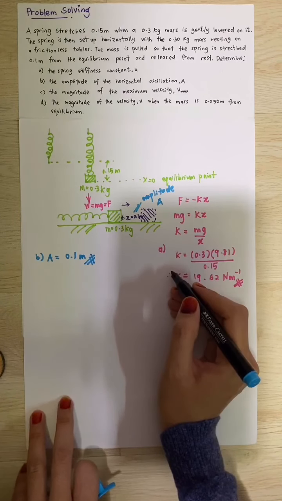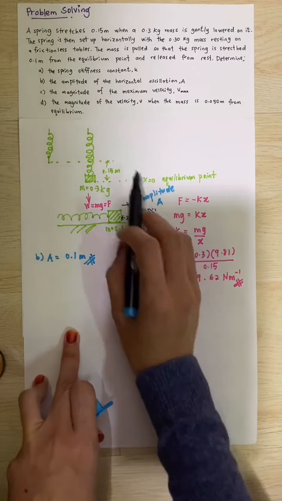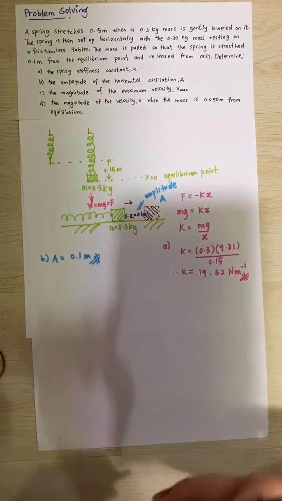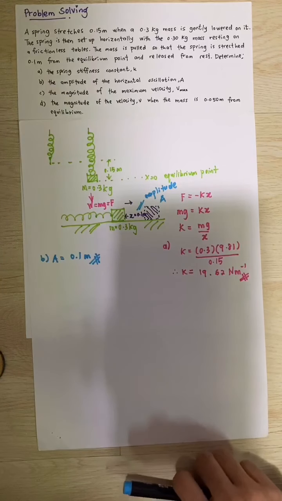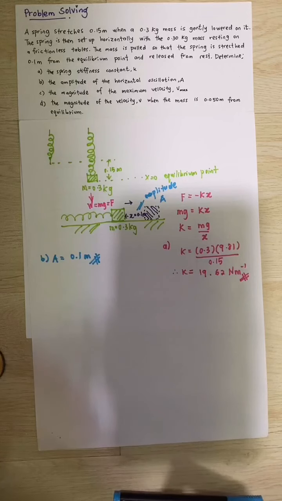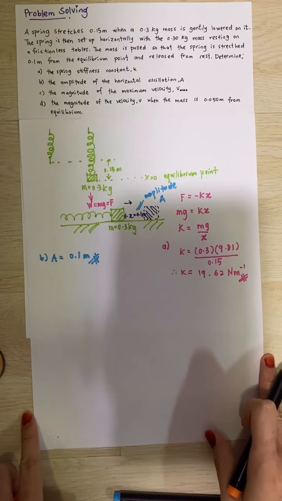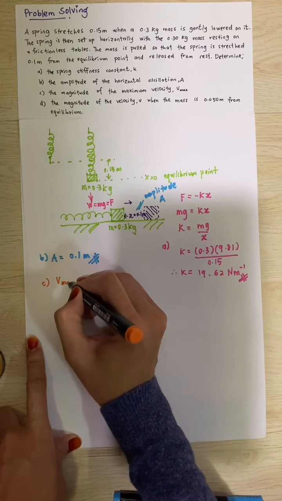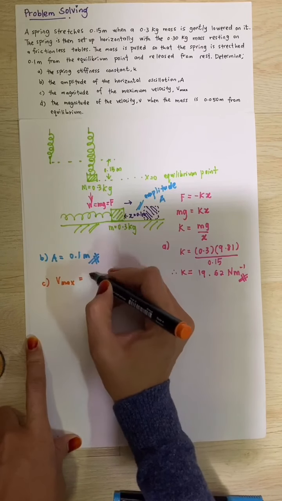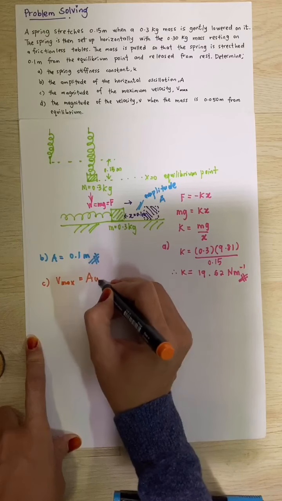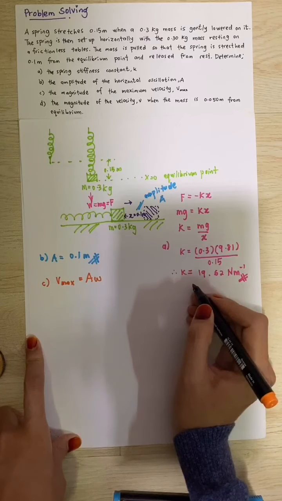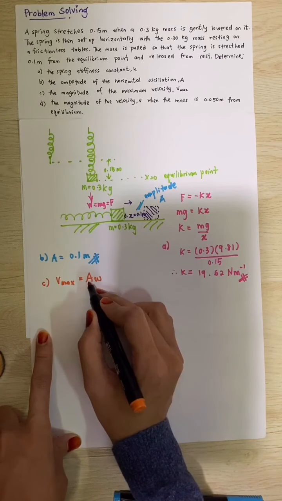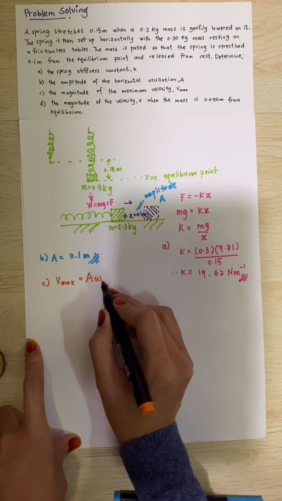Next we proceed to question C. The magnitude of the maximum velocity, we symbolize by V maximum. To find V maximum for simple harmonic motion, we have the equation V maximum equals A omega. In this problem we have the value of A, but we don't have the value of omega.